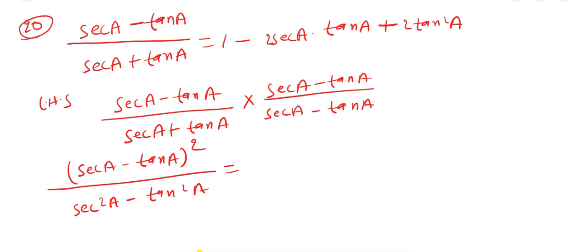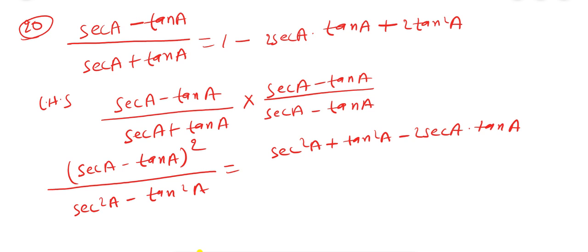And this one I will expand, A minus B the whole square. So it becomes sec square A plus tan square A minus 2 sec A into tan A.